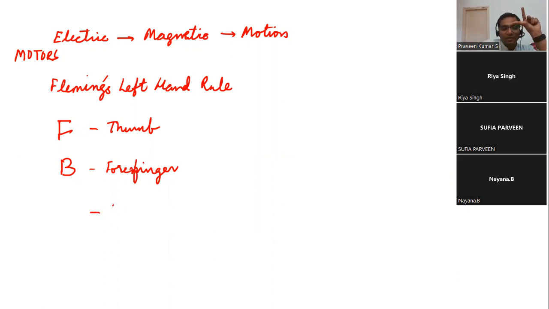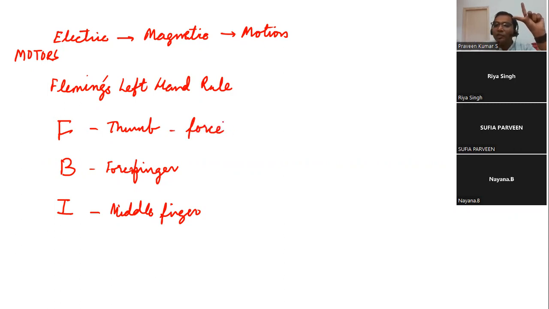And this middle finger is representing current, direction of current. FBI. This is a nice term to remember, FBI. So F is representing the thumb. The direction of F actually stands for force here.